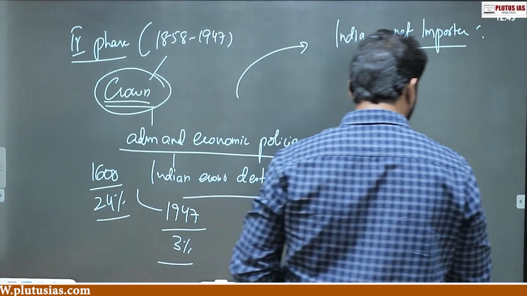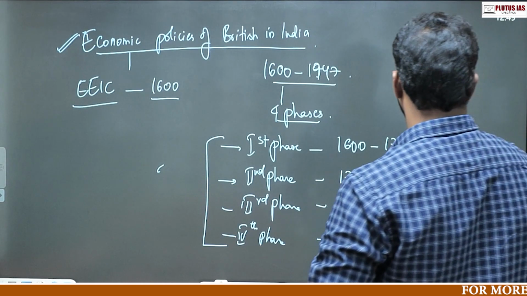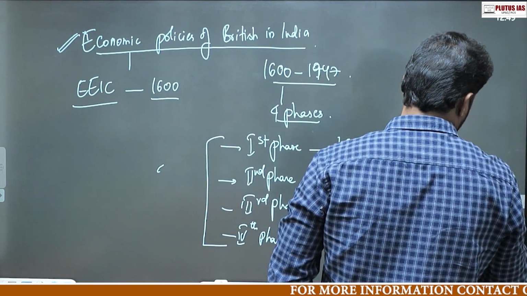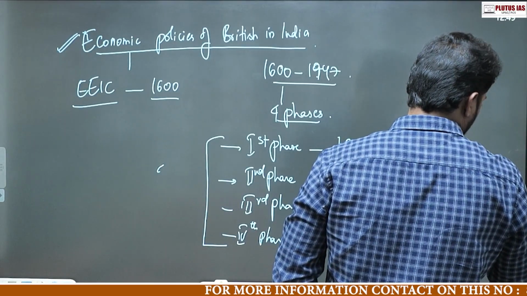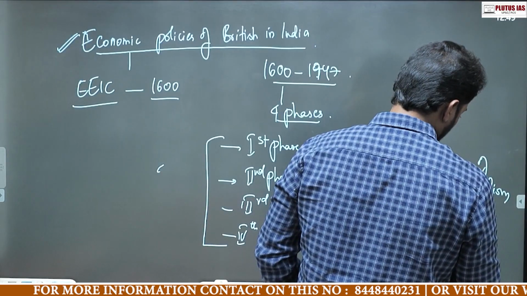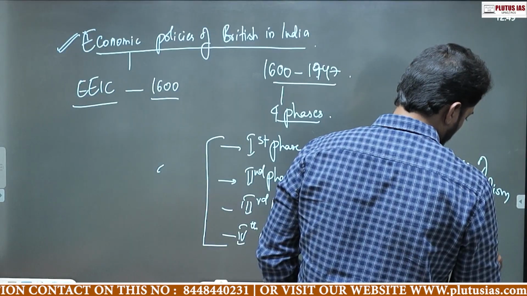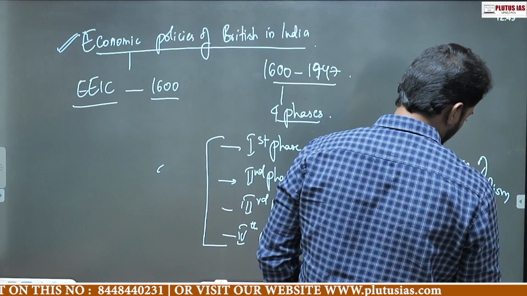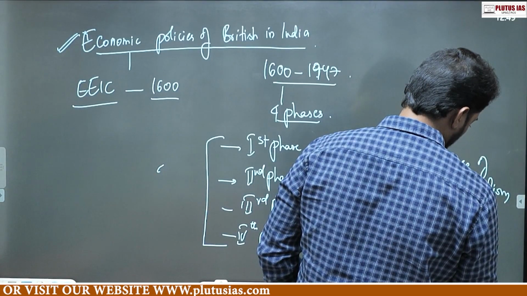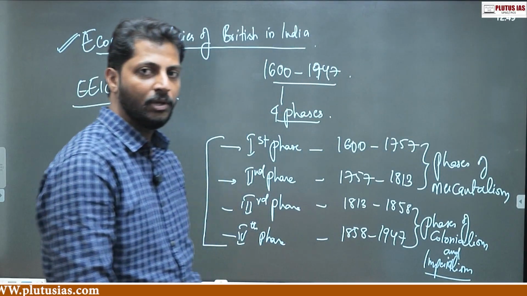So that's why we can say these two phases were phases of mercantilism, and these two phases were called phases of colonialism and financial imperialism, right?